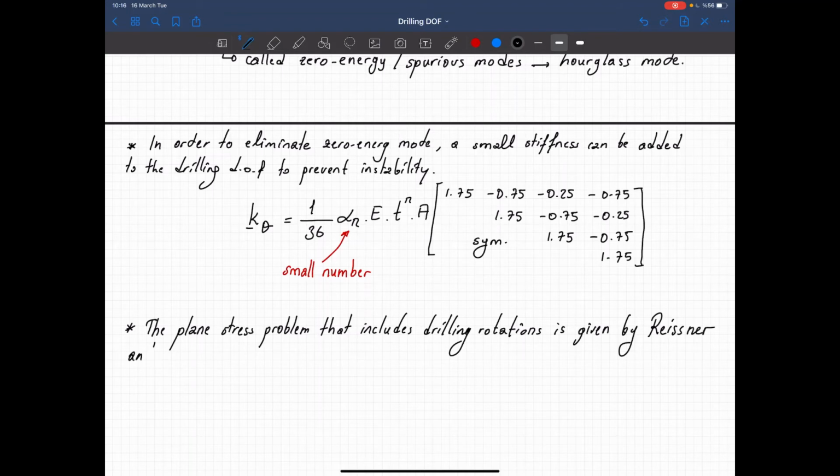and extended to the finite element method by Hughes and Brezzi.